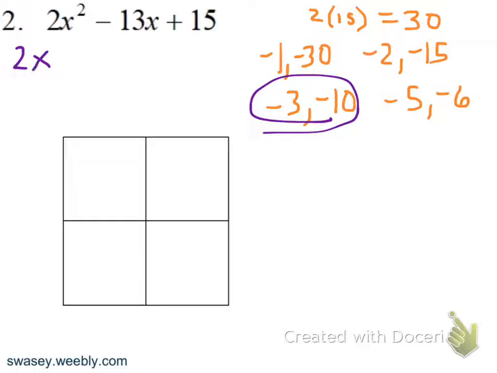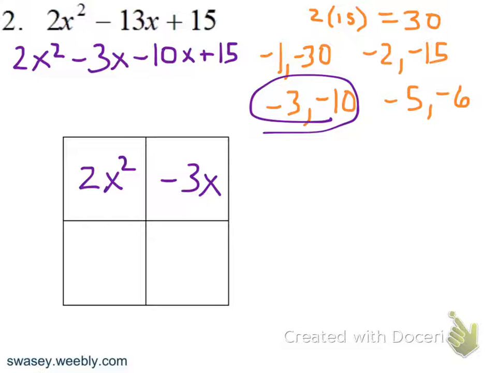Split the middle term. Fill in your box. Greatest common factor of the top row is x. Greatest common factor of the bottom row is 5.